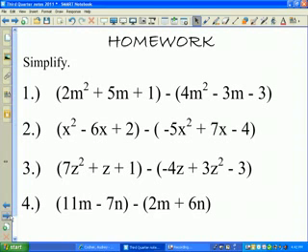So here were four problems they had to complete for homework. If they did not complete the classwork, they had to finish that up for homework. So depending on how focused they were in class, you probably didn't have that much homework. And also, if they didn't finish that, they had the homework here.